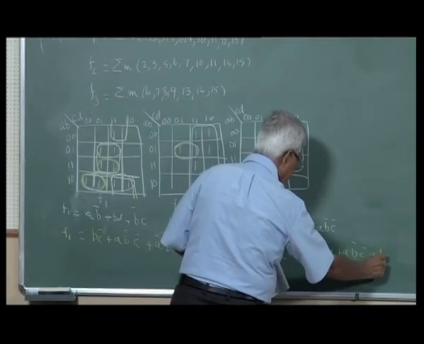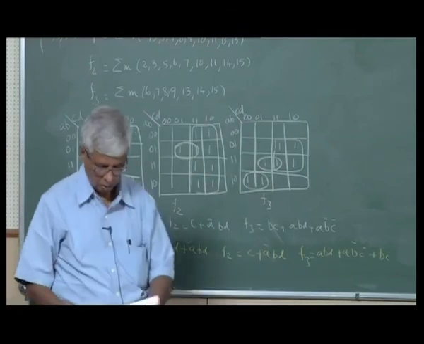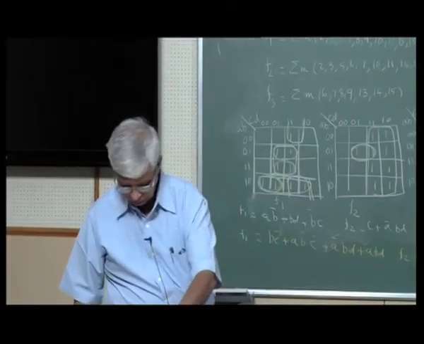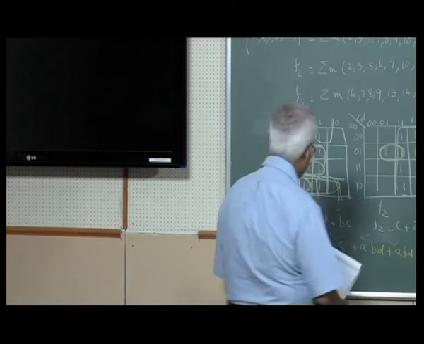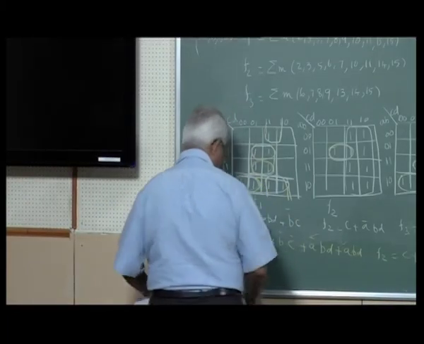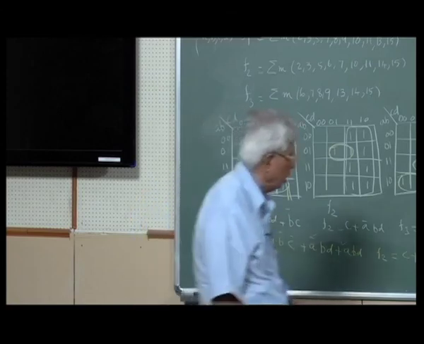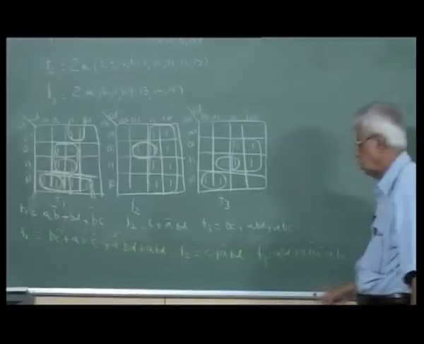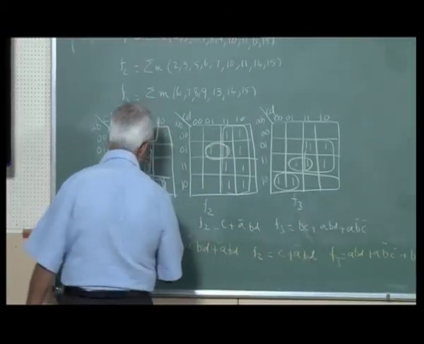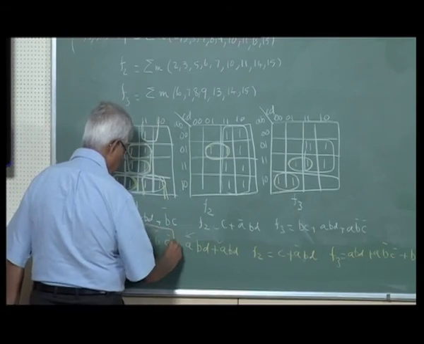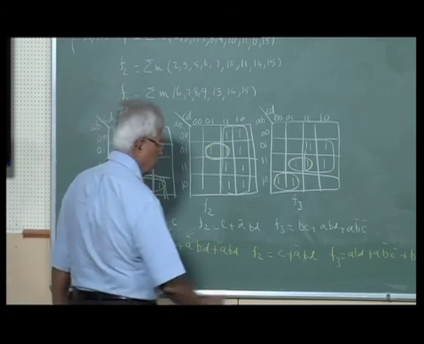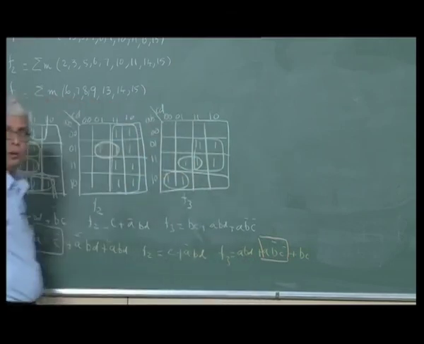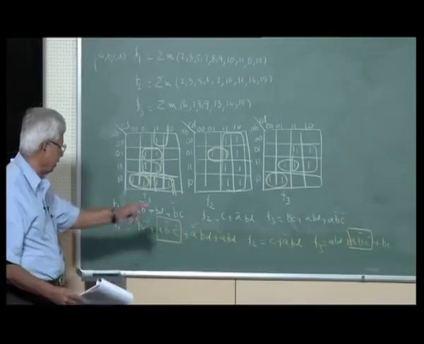Now, if you look at this, let us see if there are any common terms now. A, B bar, C bar, this is common. So, we have a common min term, common product term between 1 and 3.